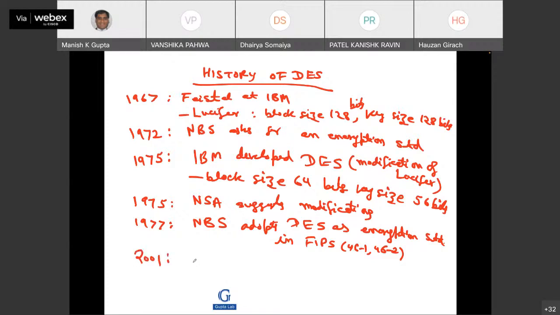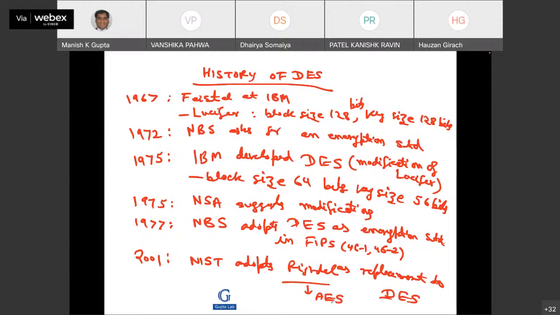Finally, in 2001, NIST adopted Rijndael as the replacement for DES. This was the Advanced Encryption Standard, and I am going to talk about that also in my next class.